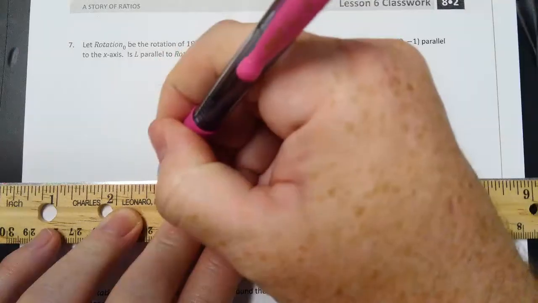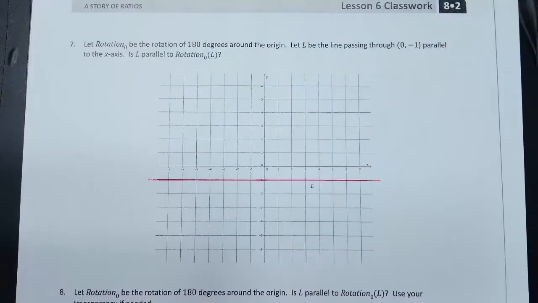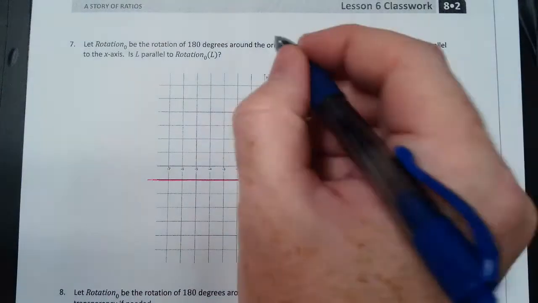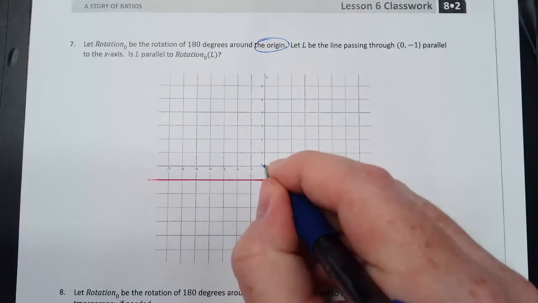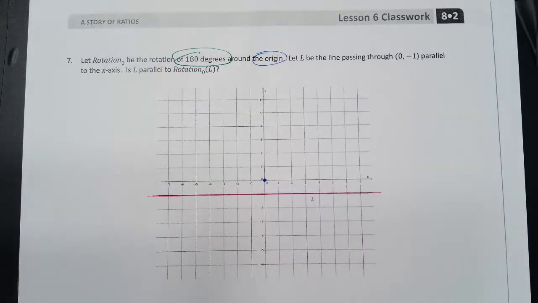Now, for this time, I'm going to make a prediction before I get my transparency. I know I'm moving that line around the origin, and I know I'm going 180 degrees.